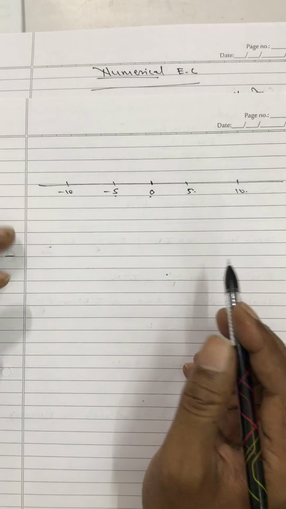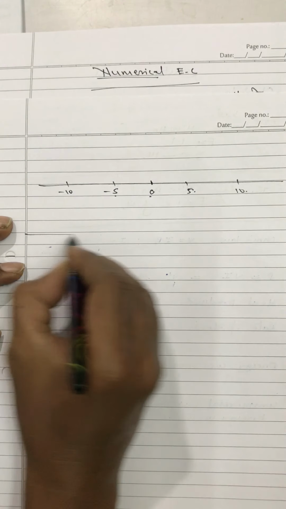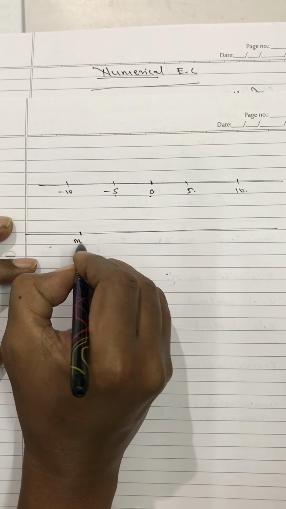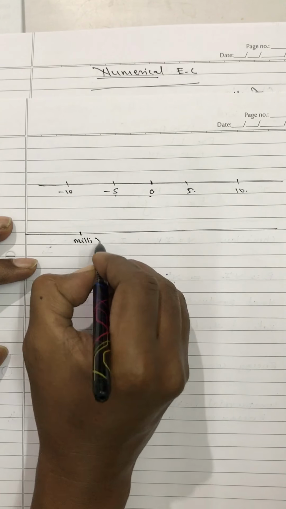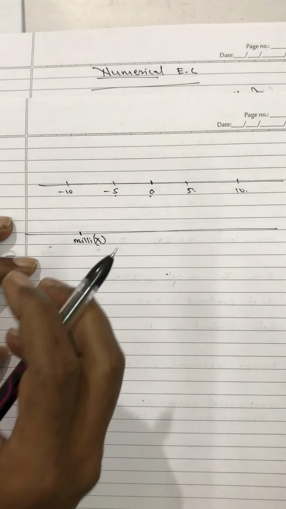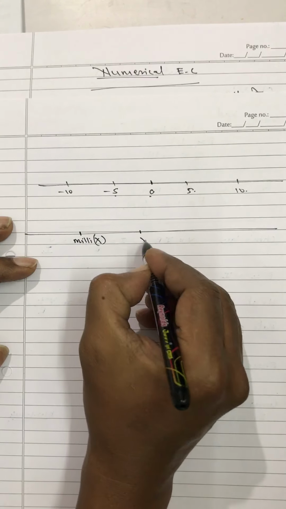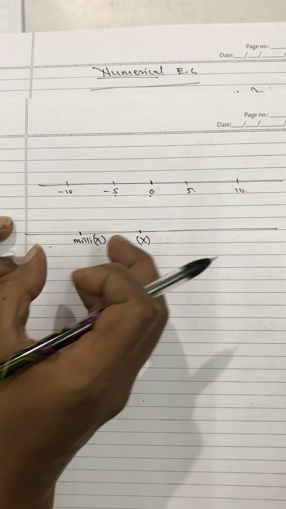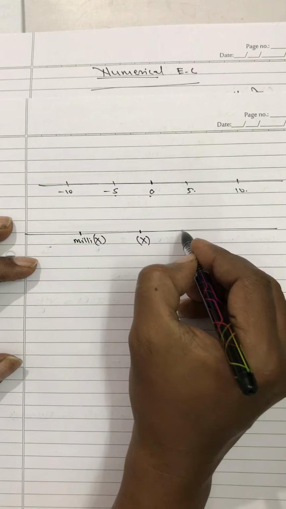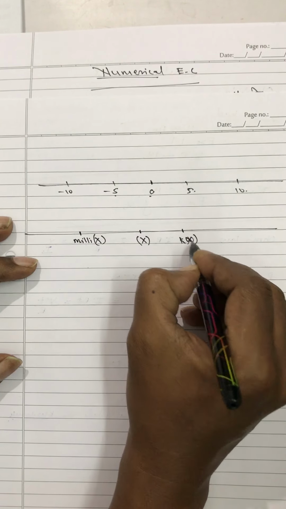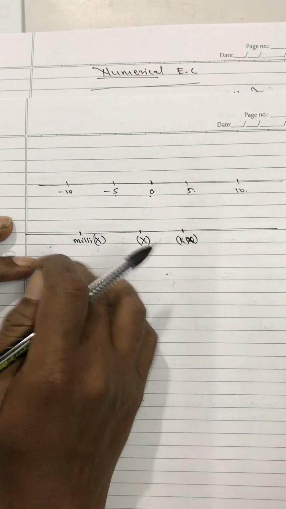Why I am talking about this is that, remember my dear students, milli x, and x can be anything, is smaller when I compare it to x itself. Kilo x is definitely greater than this.